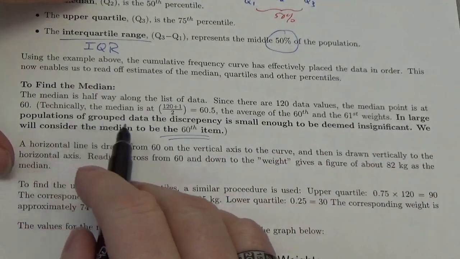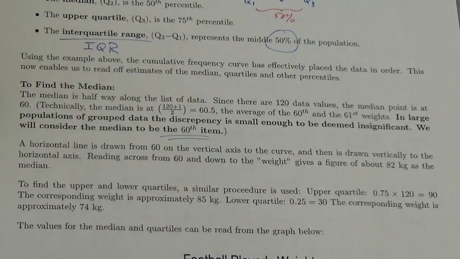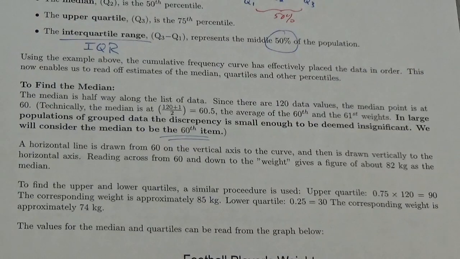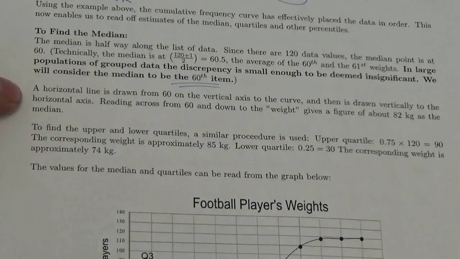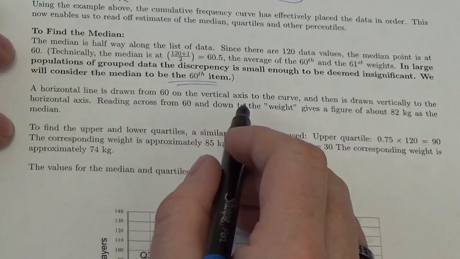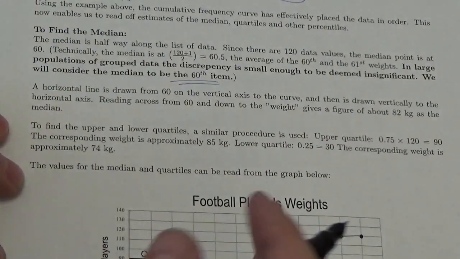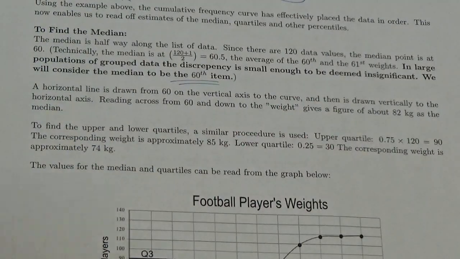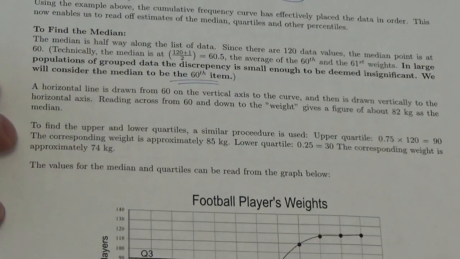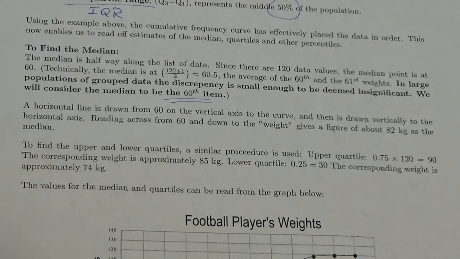And like we say right here, in large populations, that little discrepancy is usually so small that it's not worth getting worried about. So don't worry about that. Then what we do is we take a horizontal line drawn from 60 on the vertical axis to the curve, and then we go across and drop down to the x-axis. Now that might sound a little bit weird, so I'm going to show you the diagram in a second.